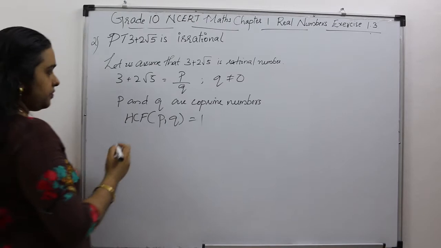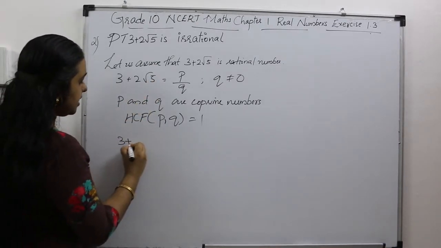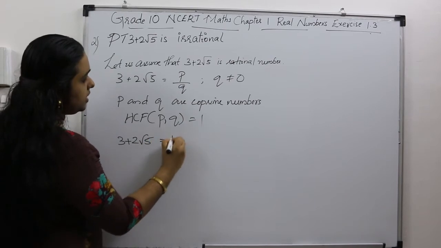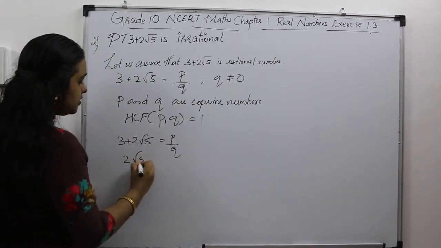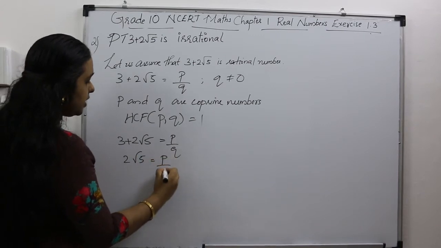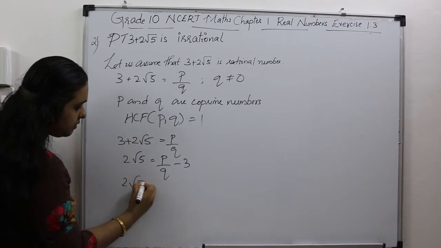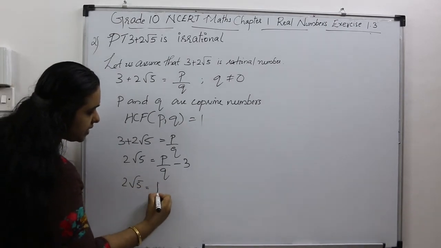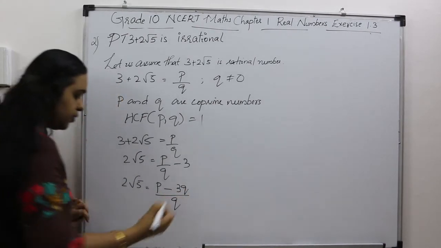So, how are we going to solve this? This is 3 plus 2 root 5 equals p by q. I am just taking this 3 to the other side: p by q minus 3. We are just doing a simplification: p minus 3q by q.